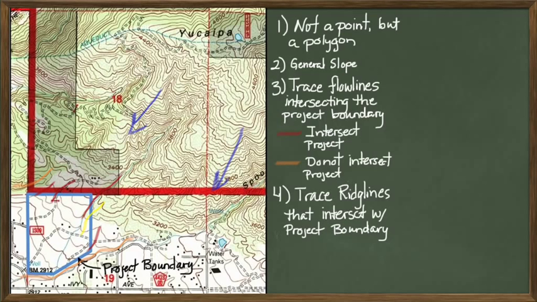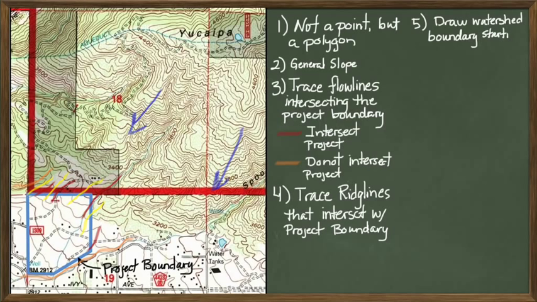So I drew in here one yellow line, and another couple more ridge lines, and these aren't significant ridge lines, but they're ridge lines nonetheless. And they represent points along our project boundary that are local high points. In other words, if a drop of rain fell on that high point, it would be split along the boundary.